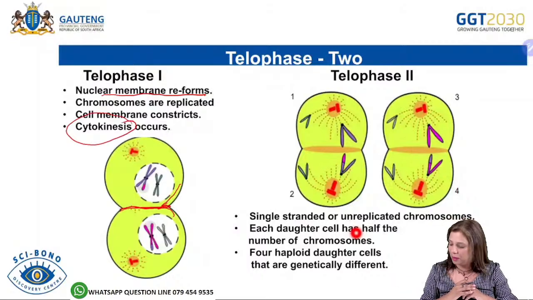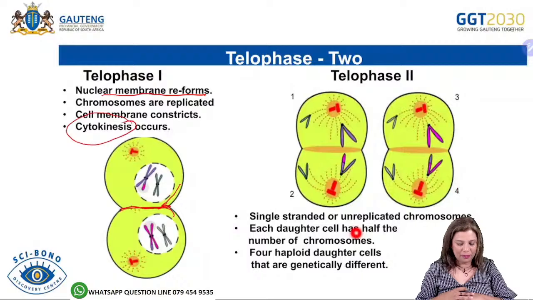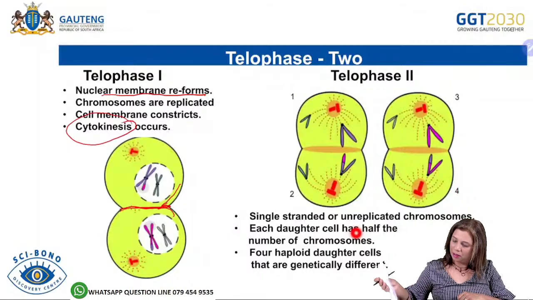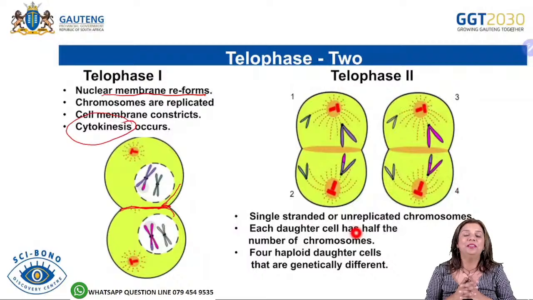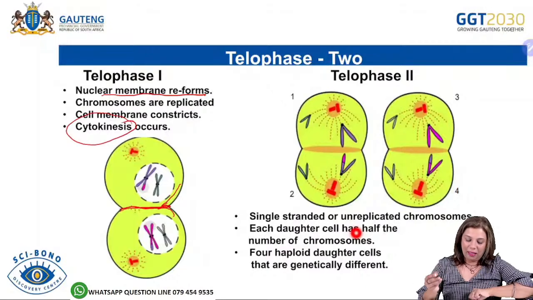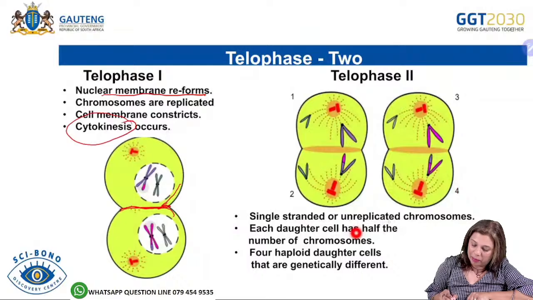Like we did the other term. What was it? Karyokinesis. Yes. But in any case, cytokinesis is the splitting of the cytoplasm into 2. And if you look at telophase, it has single-stranded or unreplicated chromosomes.